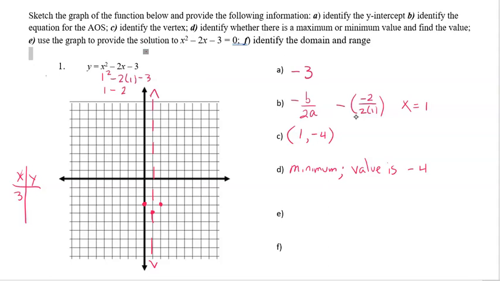So 3 squared is 9. 9 minus 6 is 3. 3 minus 3 is 0. Okay, so that's nice, because I know that one of my solutions is going to be x equals 3. And the other solution will be the matching point on the other side of the AOS, and that will be -1. So I'm going to go ahead and complete my graph.